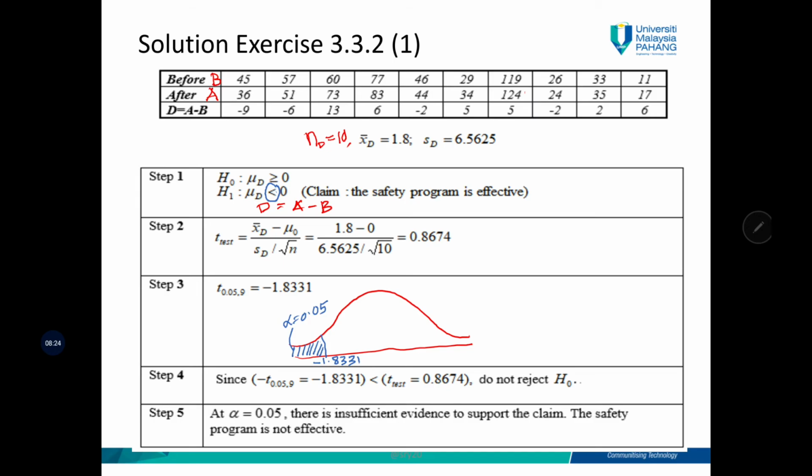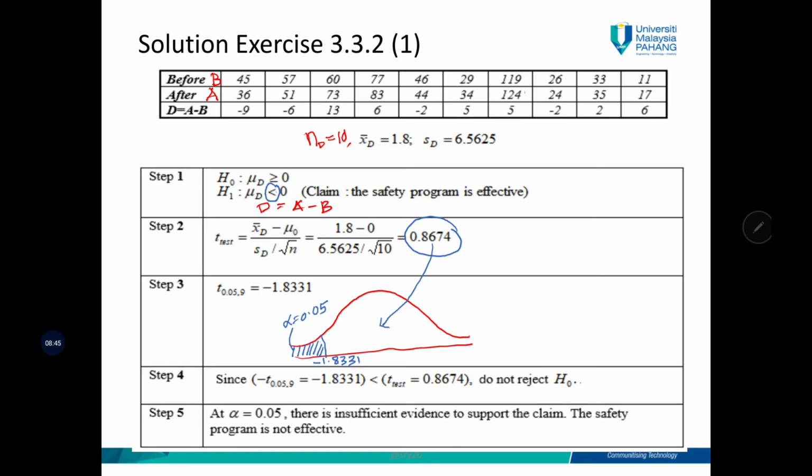Now step 4, we want to make a decision on H null. Comparing the t test value in step 2 with the critical value in step 3, we can see that the t test lies in this area.